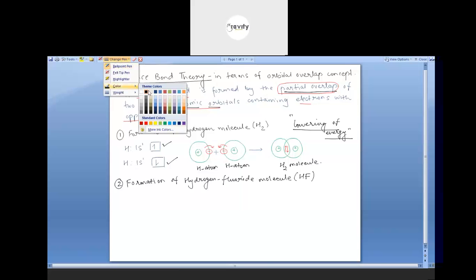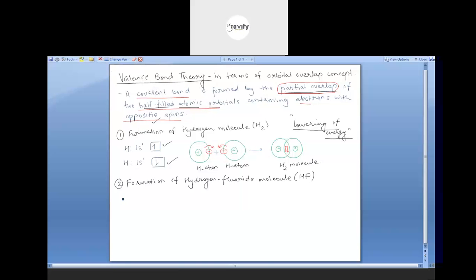Now first we have to consider the electronic configurations. Hydrogen is 1s1, having an electron with a specific spin, whereas fluorine is 1s2, 2s2, 2p5.